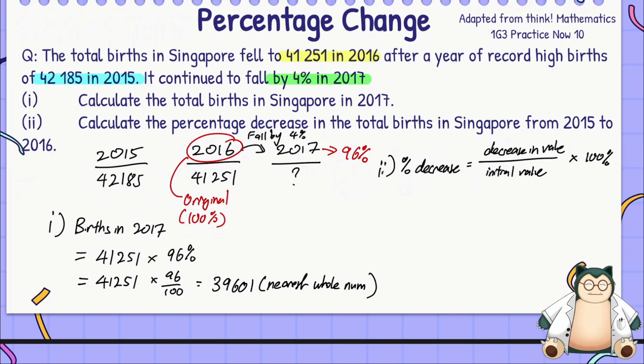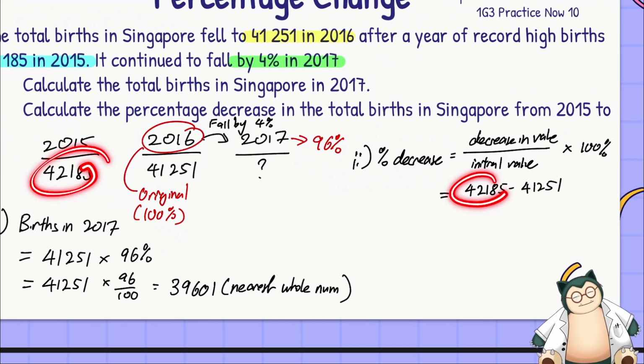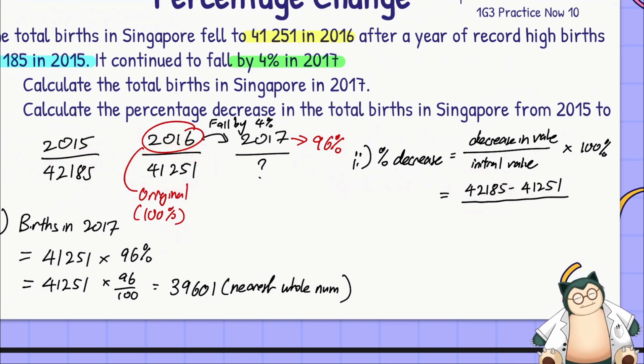The decrease in value is the initial minus the final, so we have the 2015 value subtracting away the 2016 value, over the initial value, which is 42,185, and multiply by 100%.